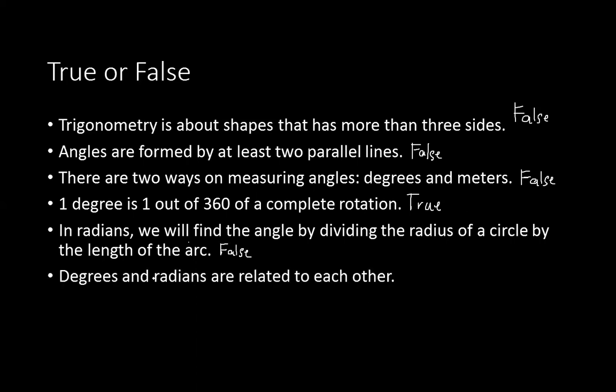Next, degrees and radians are related to each other. Is this true or false? The answer is true. Why is it true? Degrees and radians both measure angles, right? And because of this, they're actually similar. For example, 90 degrees is the same as pi over 2 radians. 360 degrees is the same as 2 pi radians.